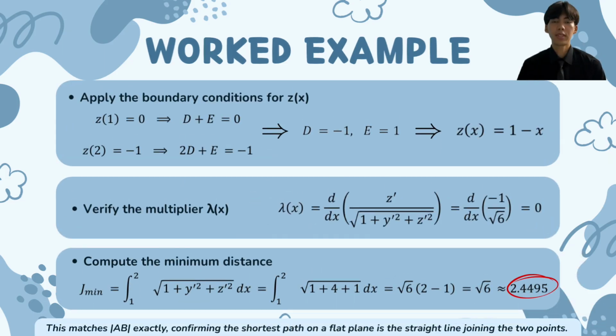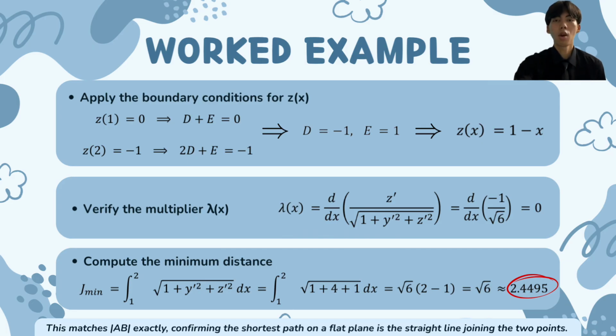The same procedure is applied to z of x using the boundary conditions at A and B, which is z of 1 equal to 0 that leads to d plus e equal to 0, and z of 2 equal to negative 1 that leads to 2d plus e equal to negative 1. Solving this pair will give d equal to negative 1 and e equal to 1, which is z of x equal to 1 minus x.